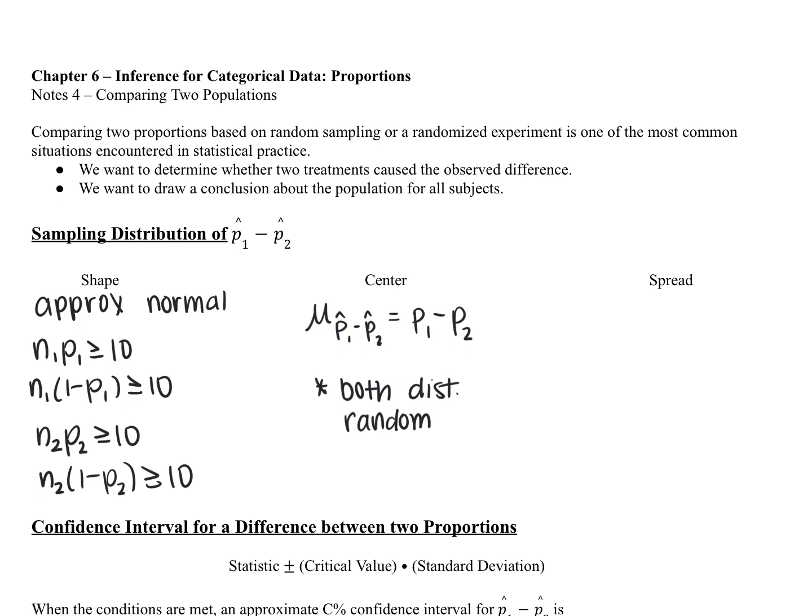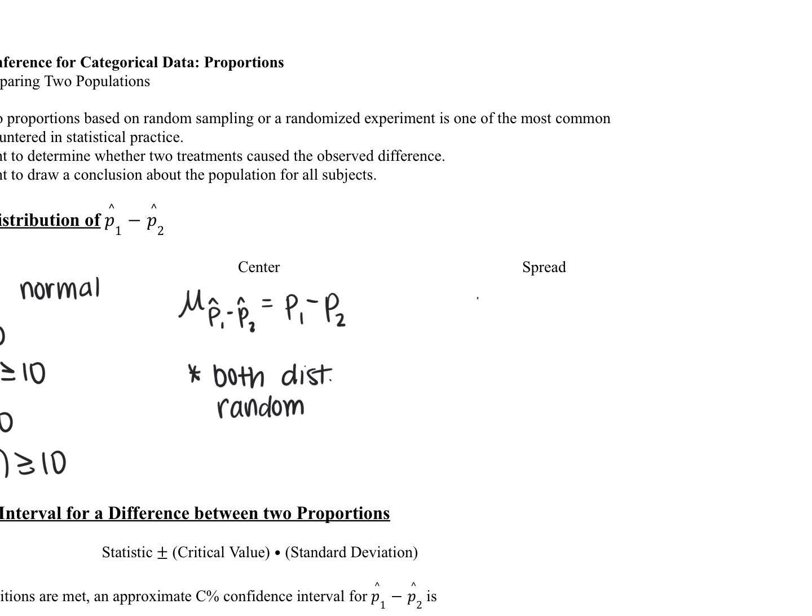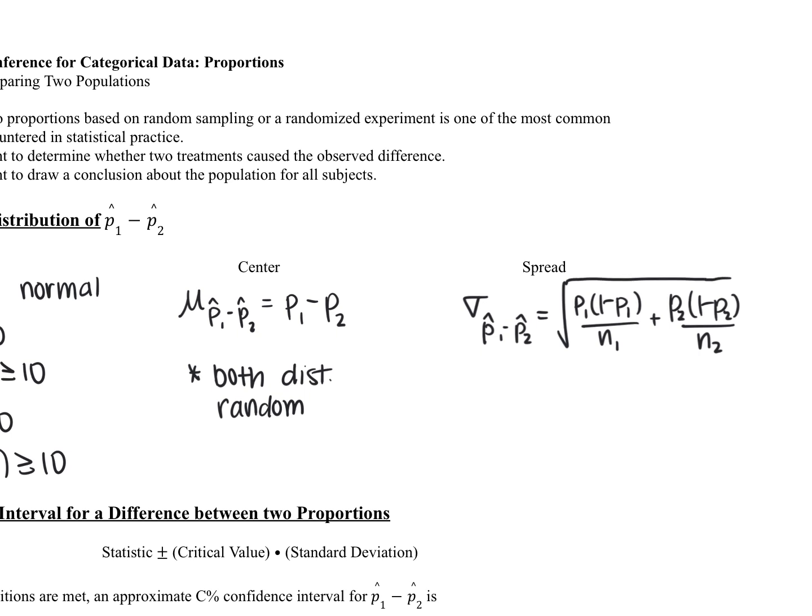And then our spread, the standard deviation of P1 hat minus P2 hat, was the square root of P1 times 1 minus P1 all over N1 plus P2 times 1 minus P2 all over N2. And for that, we had to check independence for both. So N1 had to be less than or equal to 10% of its population, and N2 had to be less than or equal to 10% of its population.